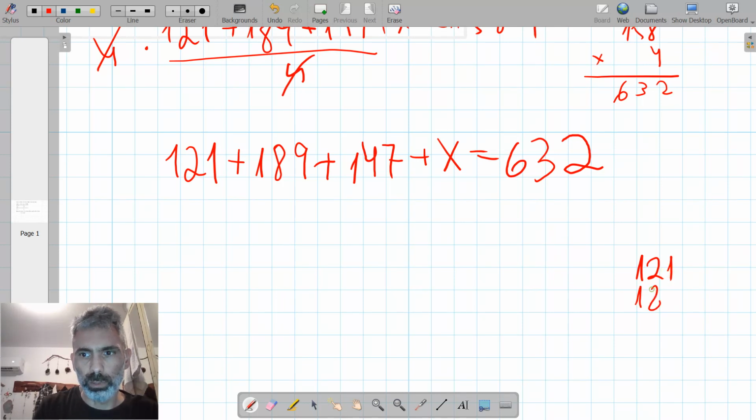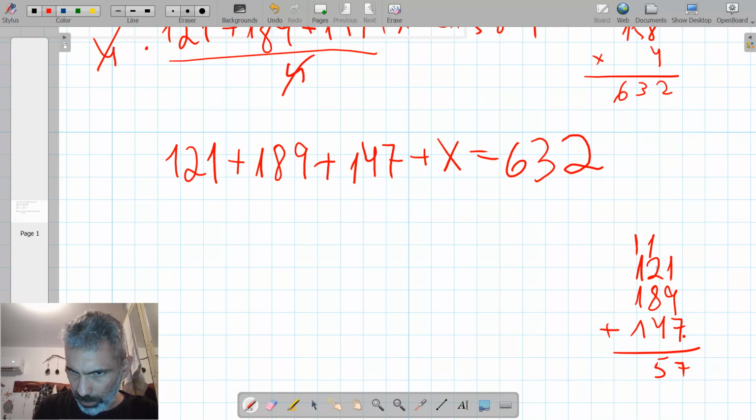121 plus 189 plus 147 equals: 1 plus 9 is 10, 10 plus 7 is 17, 1 plus 2 is 3, 3 plus 8 is 11, 11 plus 4 is 15, 1 plus 1 is 2, 2 plus 1 is 3, 4.